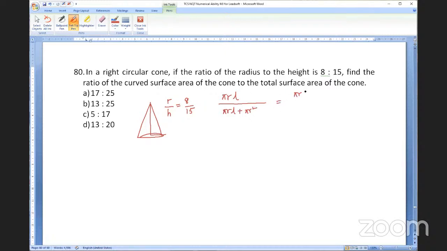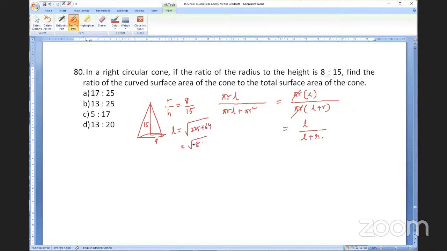If I take common pi r, it is L. Denominator, it is pi r, L plus r. The ratio we are looking out for is L upon L plus r. R by H, 8 by 15. Suppose this is 15 and this is 8. So how much is L? L is 15 square 225 plus 8 square 64.